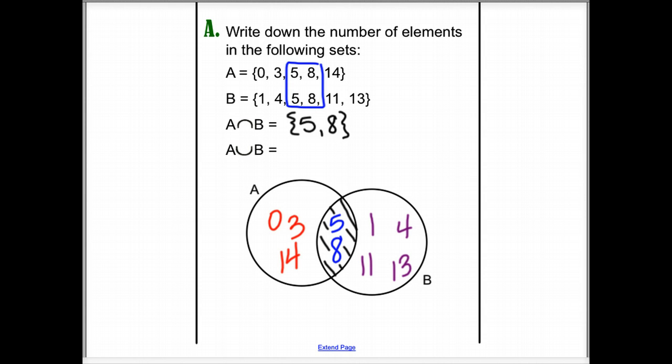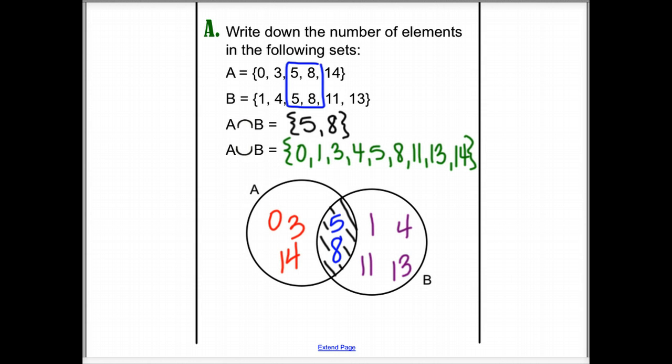Now when we talk about A union with B, this is going to be the set of 0, 1, 3, 4, 5, 8, 11, 13, 14.